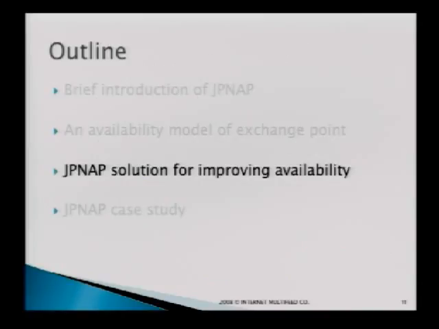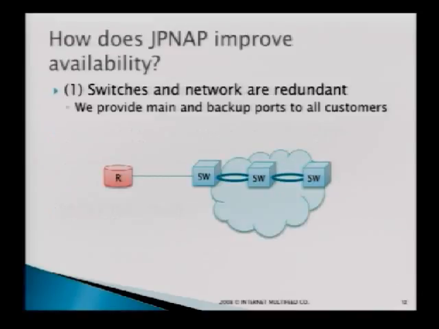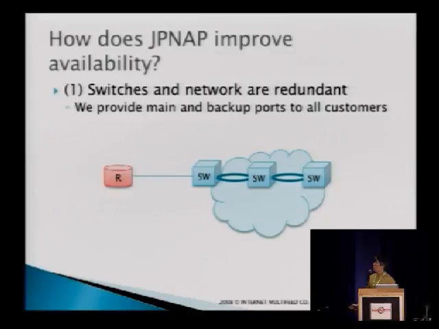And next, I would like to talk about the JPNAP technology to improve availability. The first step is making the network itself redundant. So not only the switching network, but we add a redundant network.